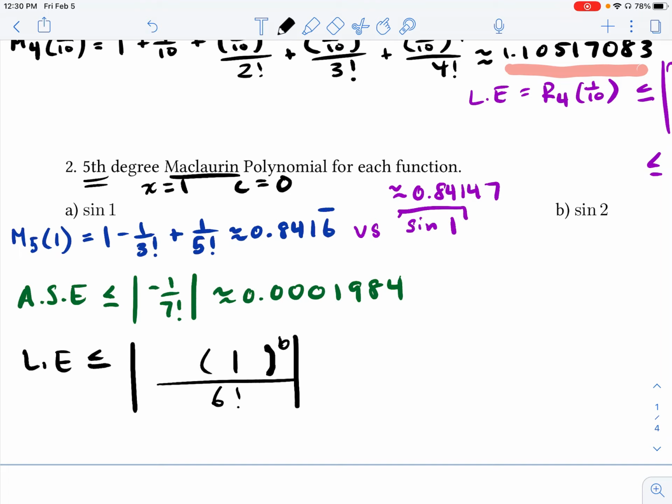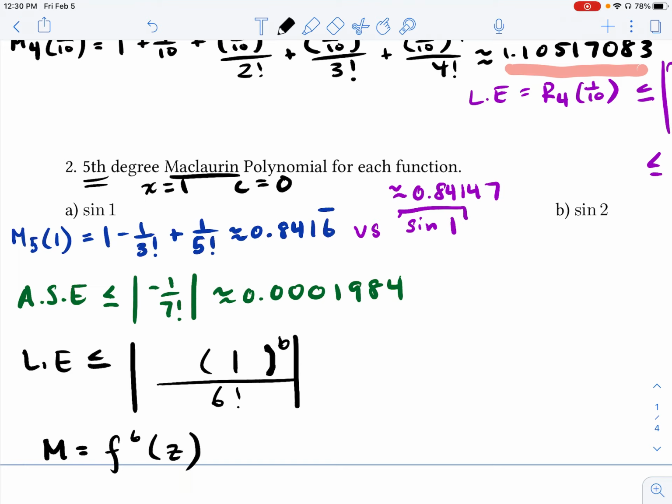Now, as for this magic M value, we are asking ourselves, what is the largest value that could come out of the 6th derivative evaluated at some z? And again, we're not stressed out about finding that z value.